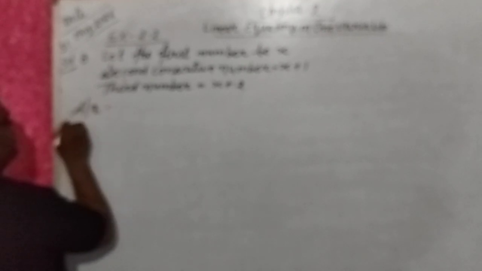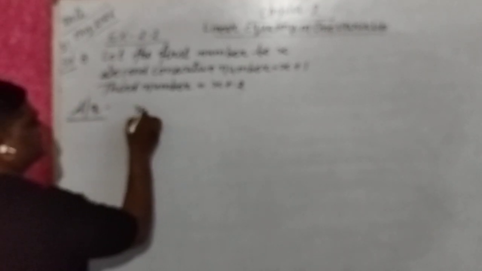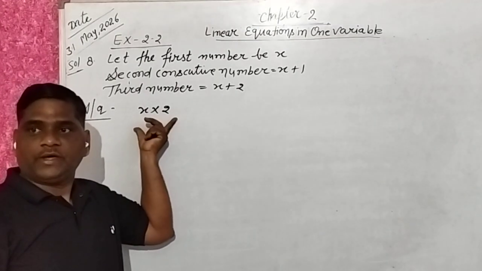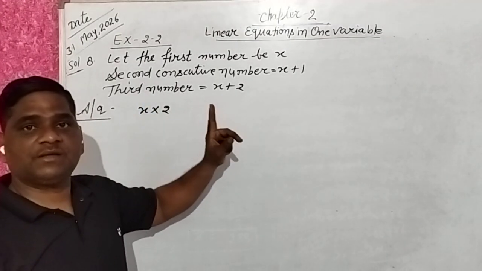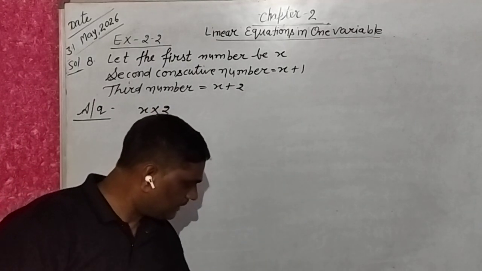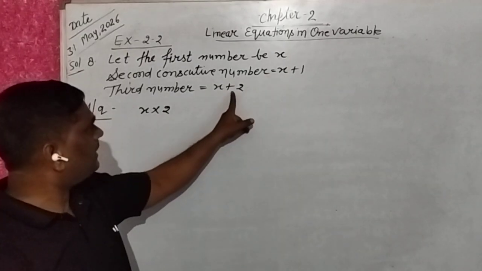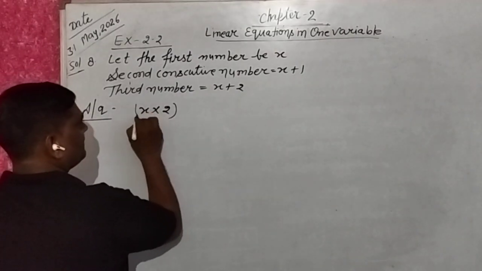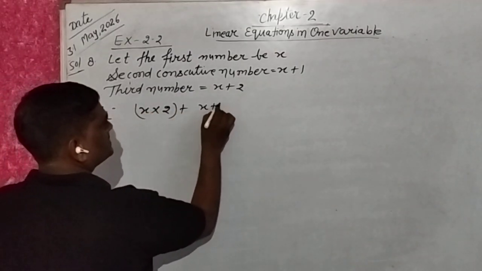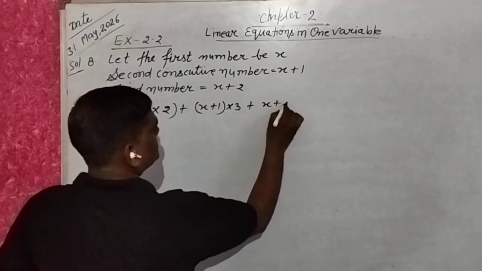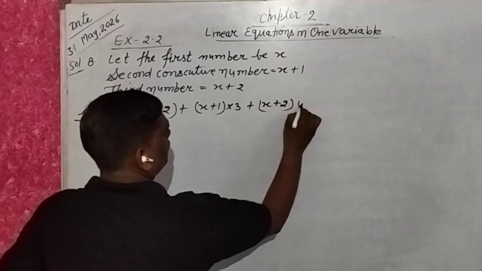According to the question, first number x multiplied by 2, second number x plus 1 multiplied by 3, and third number x plus 2 multiplied by 4.